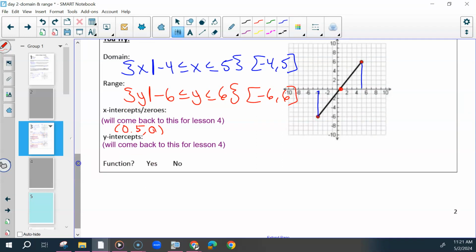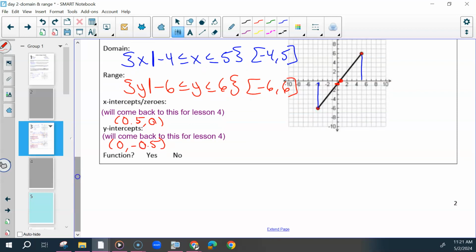And then the y-intercept, same thing, like negative half. Is this a function? Yes. It passes the vertical line test.